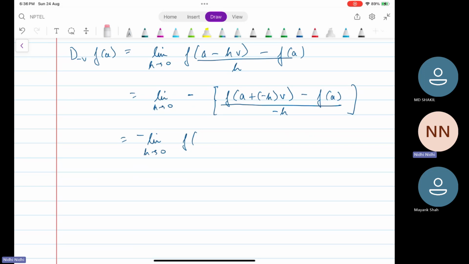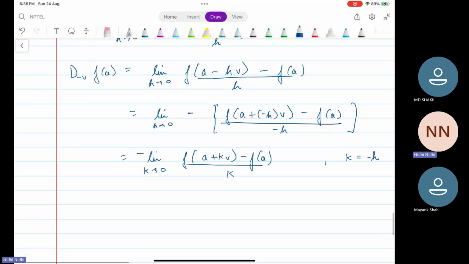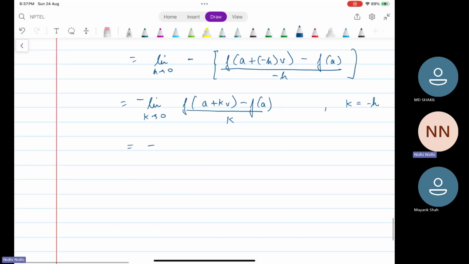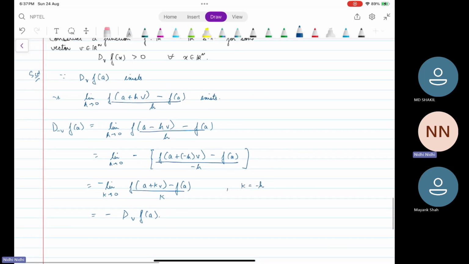Instead of h, I can write k, where k is minus h: (f(a + kv) - f(a))/k. Obviously, whenever h is going to 0, k is going to 0 as well. And now this is the definition of D_v f(a). So this is minus the directional derivative of f in the direction of v at point a. So it is just the negative of D_v f(a).